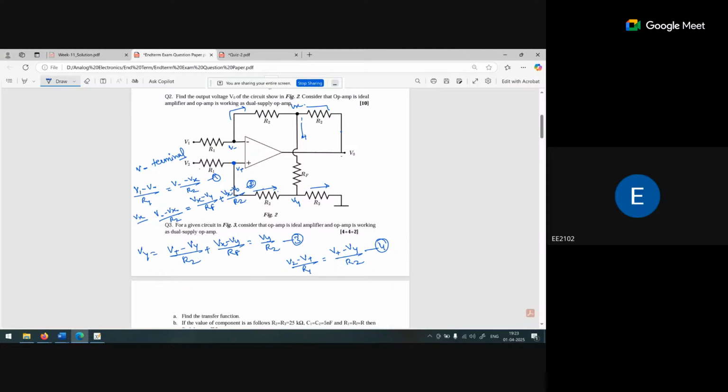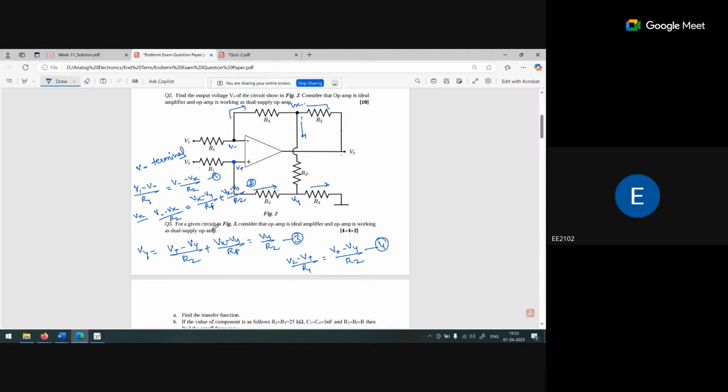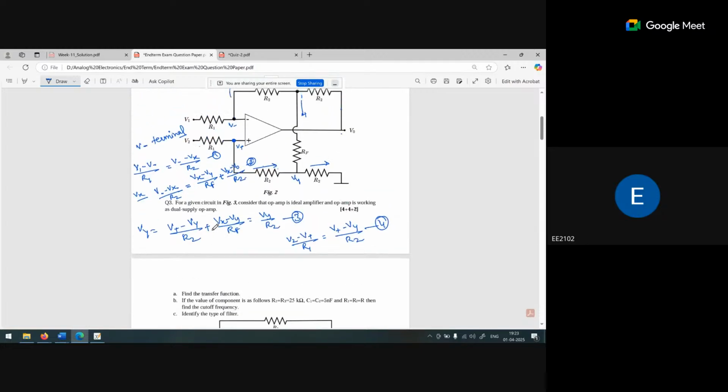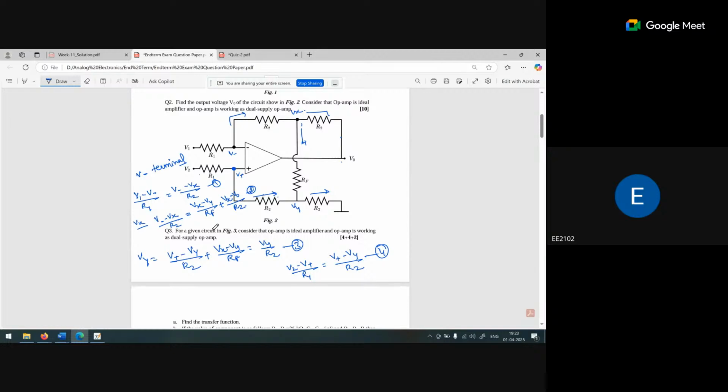Now can you solve it? Yes, so we have written 4 equations. First with respect to the V minus, second with respect to Vx, third with respect to the Vy, and fourth with respect to the V plus voltage.